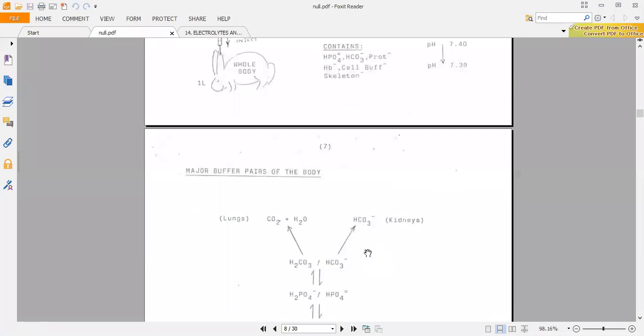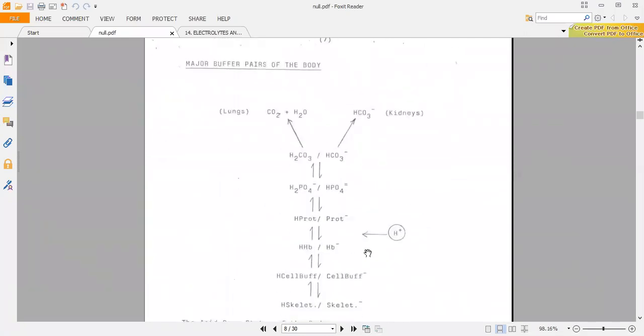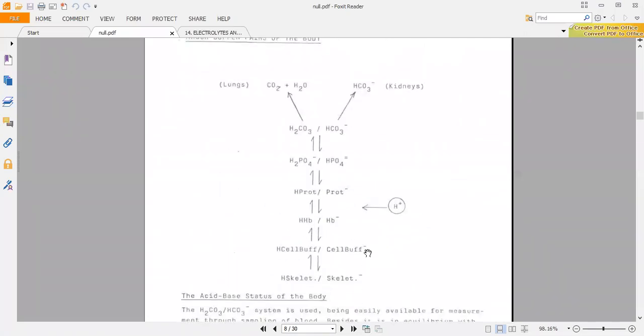Now, when we take the human being, there are a lot of buffer systems. And as I said, the first buffer system that we look at is the bicarbonate buffer system. This is the bicarbonate buffer system. And we also talked about the phosphates buffer system. And you have proteins.